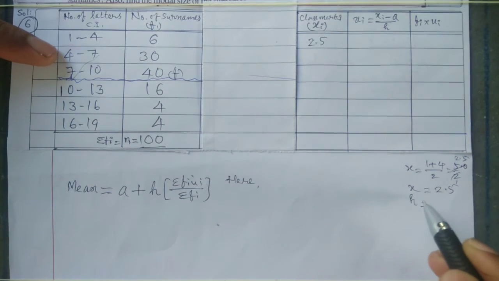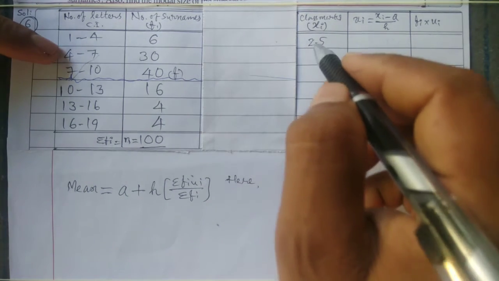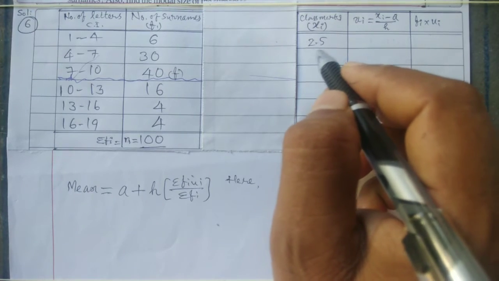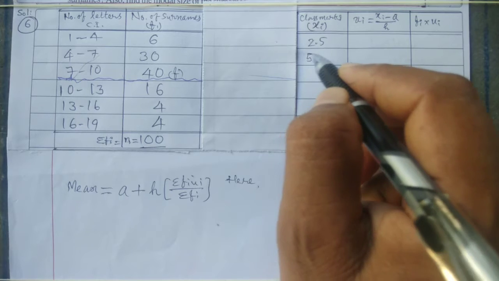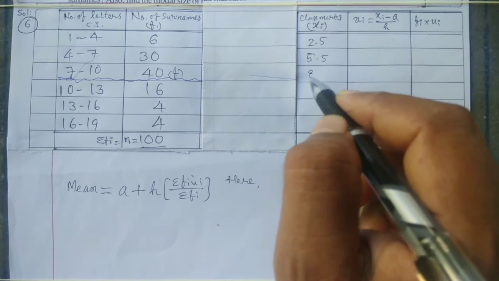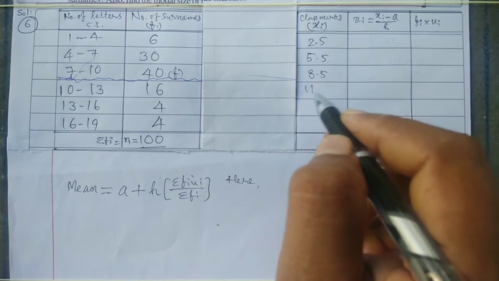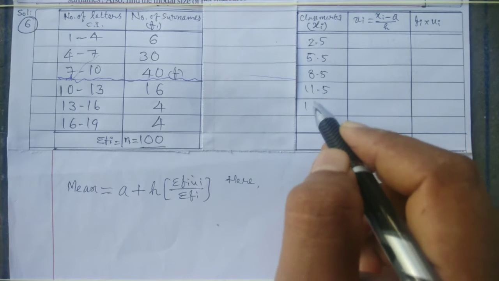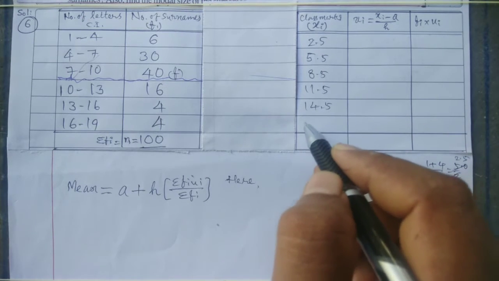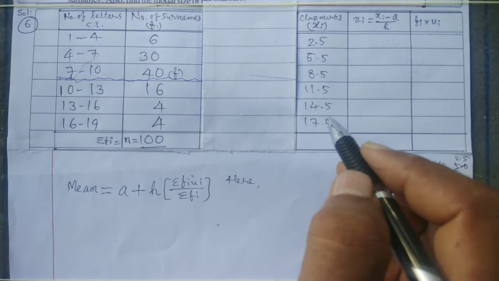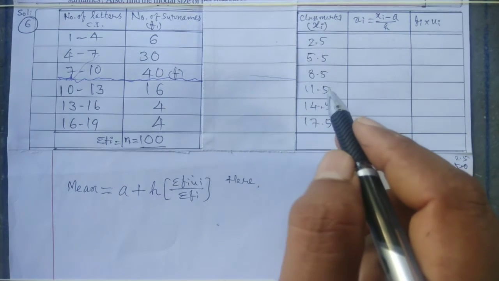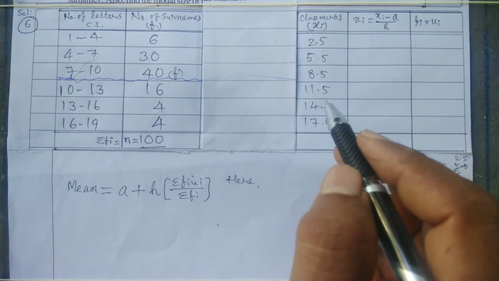Height of the class H is equal to 3. By adding 3 to this, we can get the next: 2.5 plus 3, 5.5, 8.5, 11.5, 14.5, 17.5. So these are class marks or mid values.